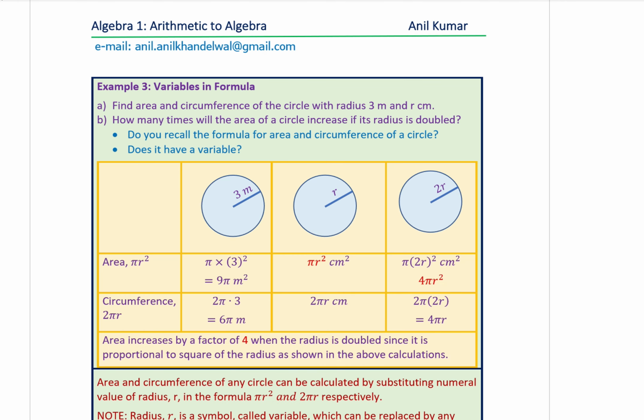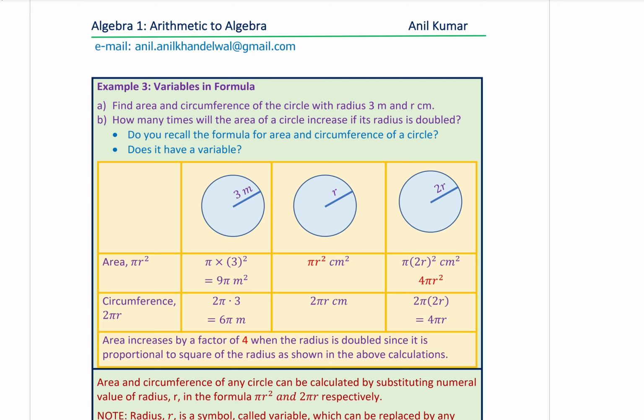Learn some more. Perfect. This time we are using the formulas which are known to you. Earlier in our example, we learned how we derive a formula, correct? Now in this case, we'll use the formulas which are known to us.